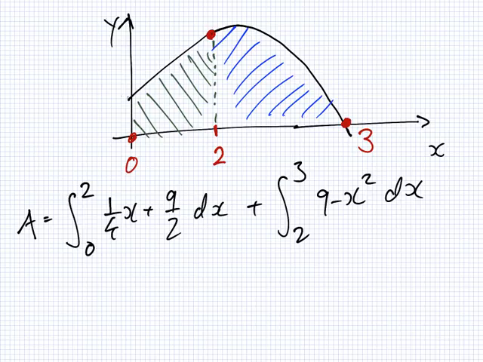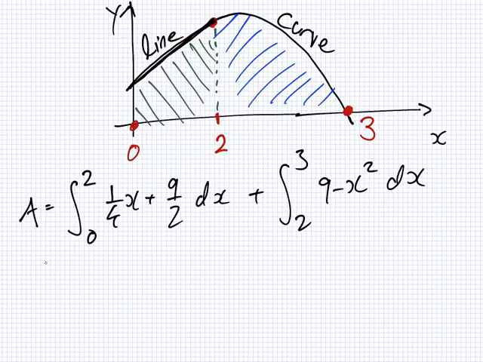I have to, because that's where the line is. So this will be increase the power by 1, divide by the new power. Increase the power by 1, divide by the new power.